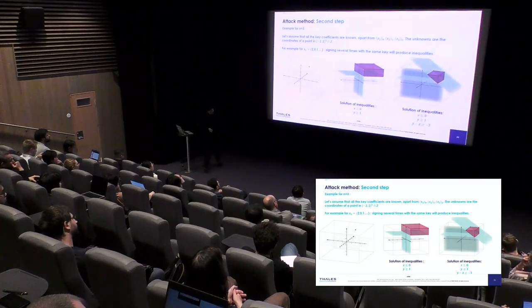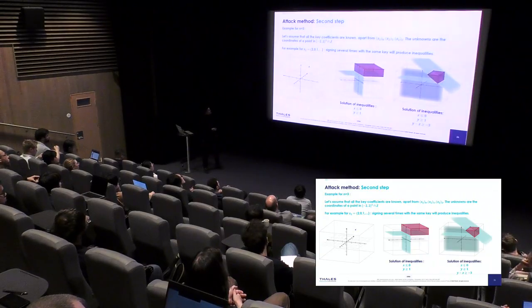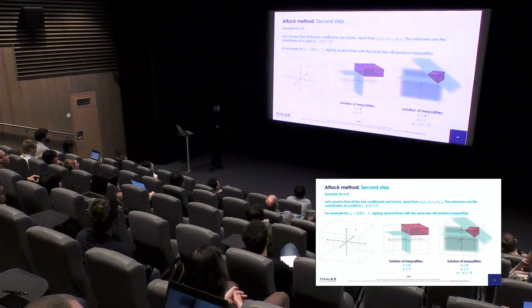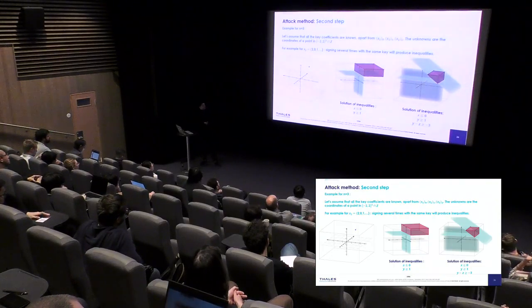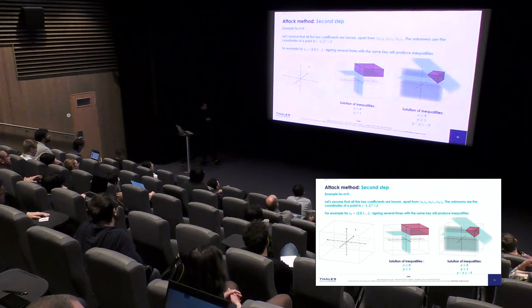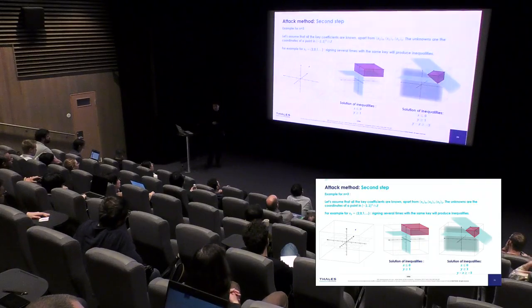So I present this toy example where I assume that I know all the key coefficients apart from the first three. I will sign messages with my secret key that I don't know. And from time to time, I will have inequalities that are verified by the three coefficients that I don't know.